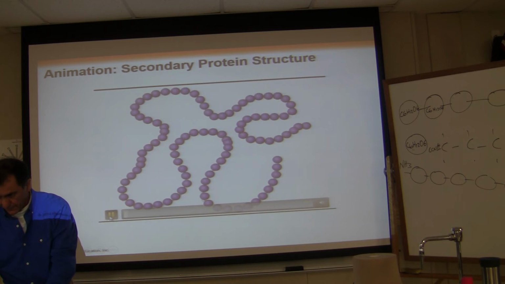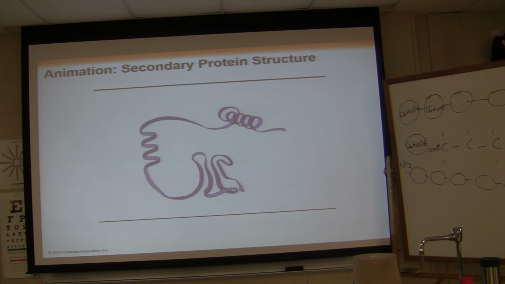In most proteins, parts of the polypeptide chain are coiled or folded, forming twists and corrugations. This is secondary structure. The turns and folds of secondary structure contribute to the protein's overall shape. One kind of secondary structure is the alpha helix, where the chain twists. Another is the pleated sheet, where the chain folds back on itself, or where two regions of the chain lie parallel to one another.